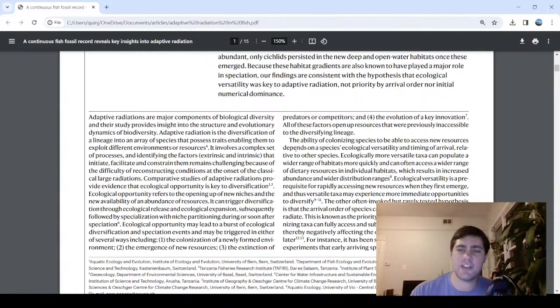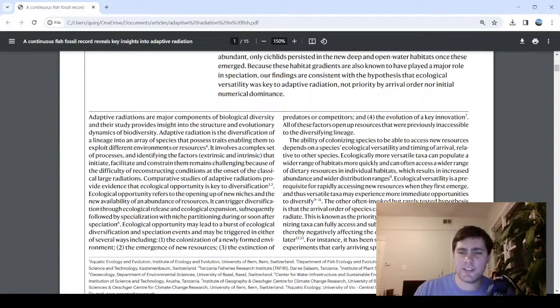More versatile taxa. Wonder what they mean by that. If that just means animals that are more resourceful. Ecological versatility is a prerequisite for rapidly accessing new resources when they first emerge, and thus versatile taxa may experience more immediate opportunities to diversify.